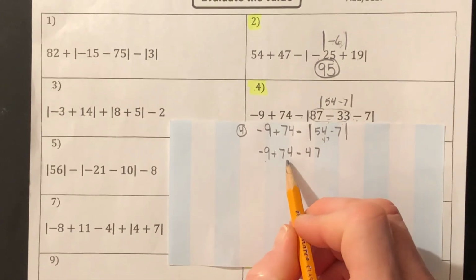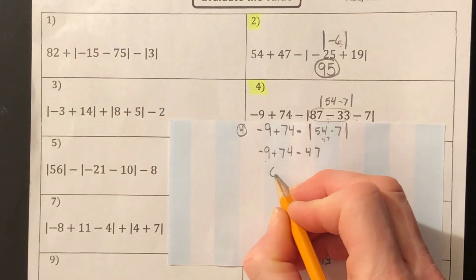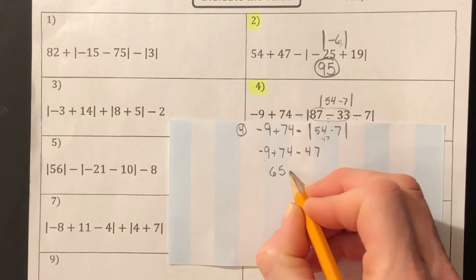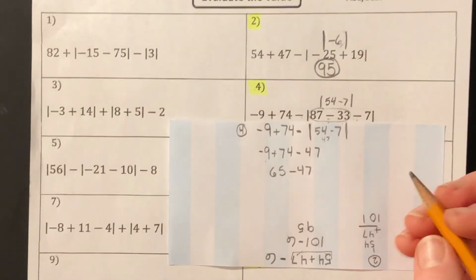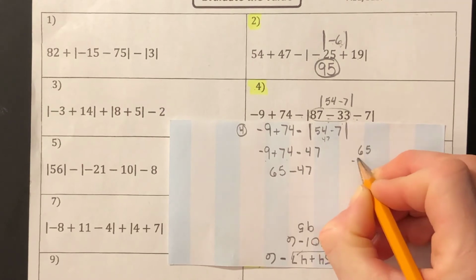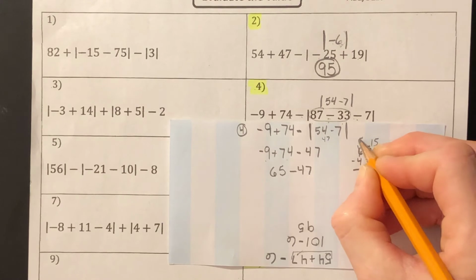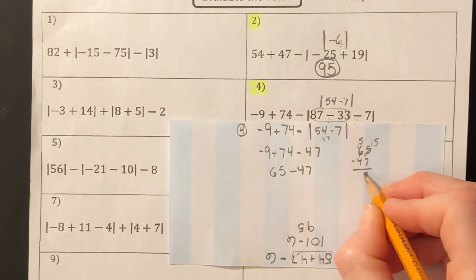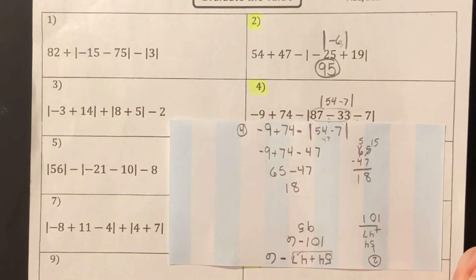Negative 9 plus 74 is 65 minus 47. Let me do this. The answer to 4 is 18.